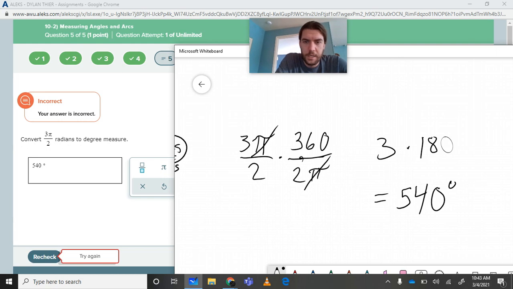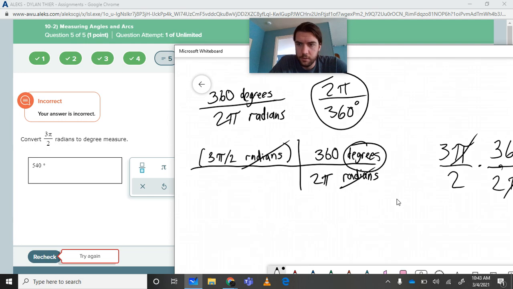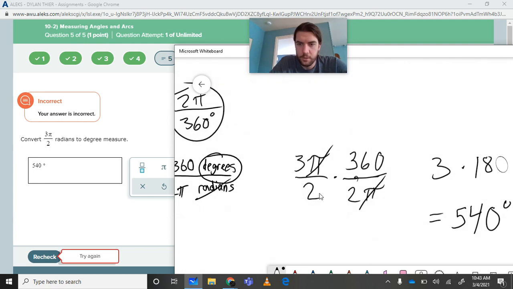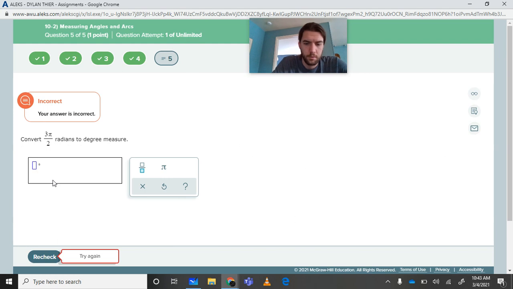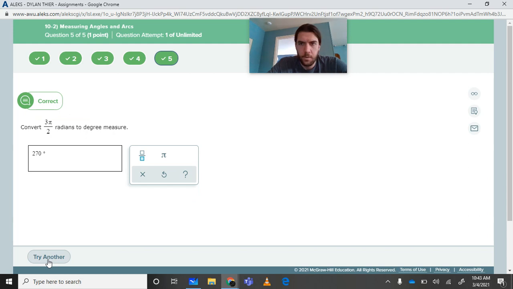Okay. So in that case, we'd have 360 divided by 2 and then divided by 2 again. So this should actually be 90. And my answer should be half as big. Should be like 270. Let's try that out.